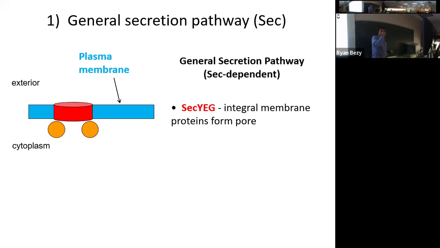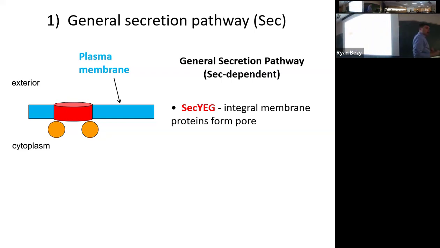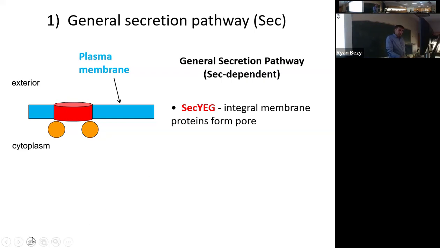All right, the general secretion pathway, or the sec-dependent pathway, those are the same thing. It's called the sec-dependent pathway because it depends on a certain set of proteins called these sec proteins. When we're looking at this, the proteins that are labeled here, when I say SecY, SecE, SecG, this is actually a SecY protein, a SecE protein, and then a SecG protein.